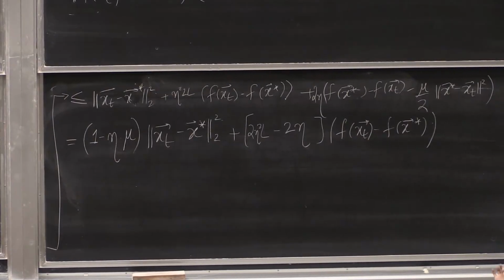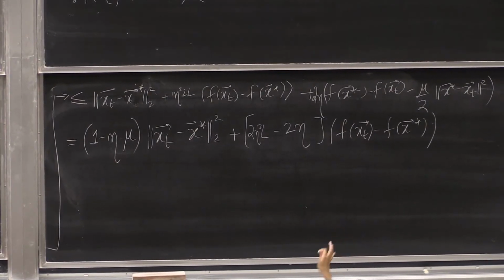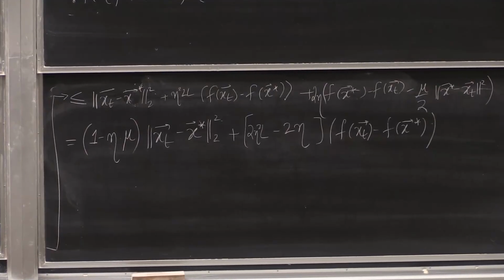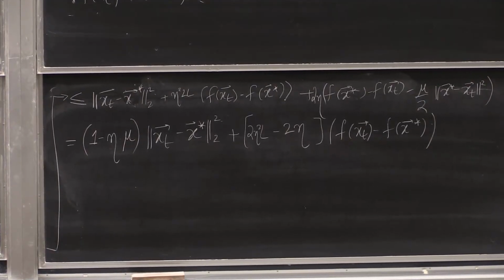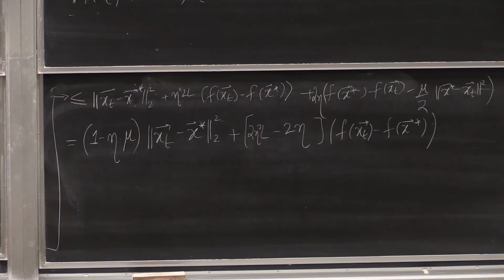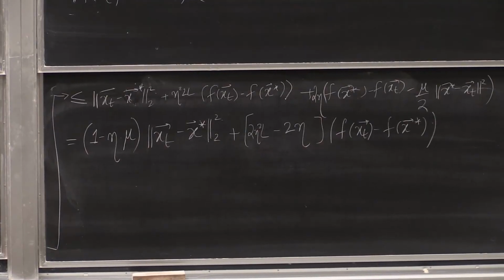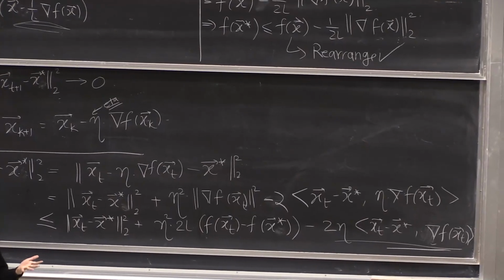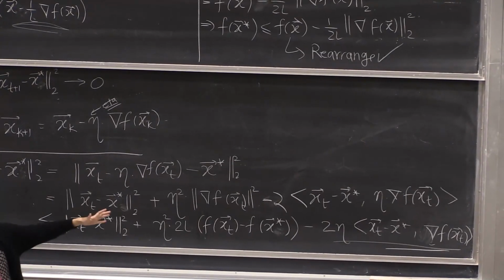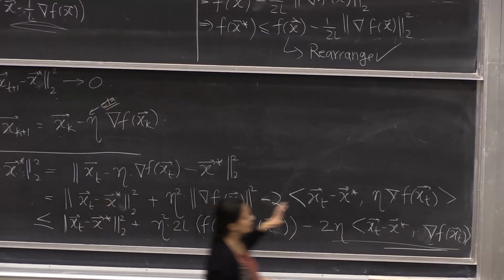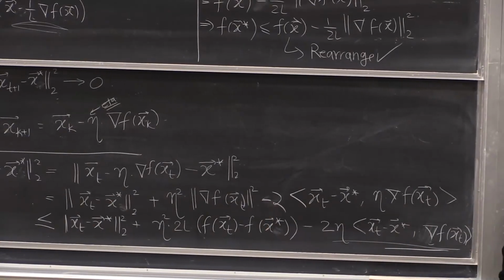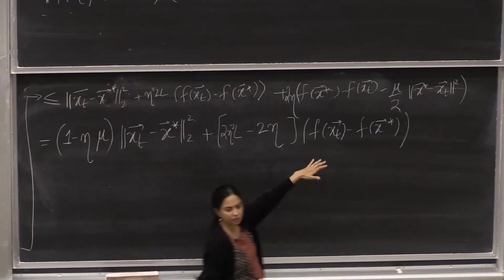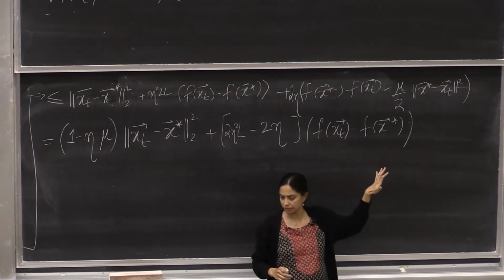Good. So what did we start out wanting to do here? We said we wanted to compare this quantity to this distance from the optimum at the previous time step. And have we done that? Kind of. Here we have this comparison, and then we have this other stuff here.